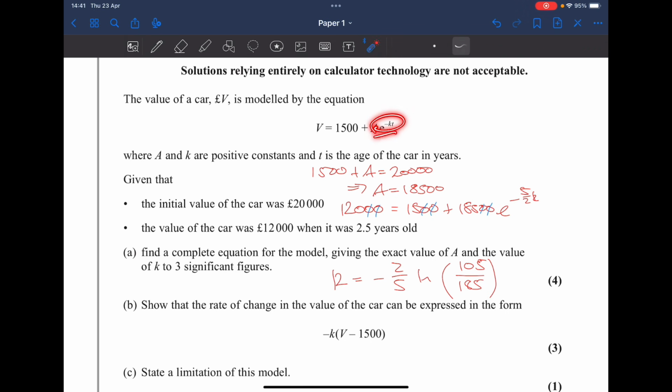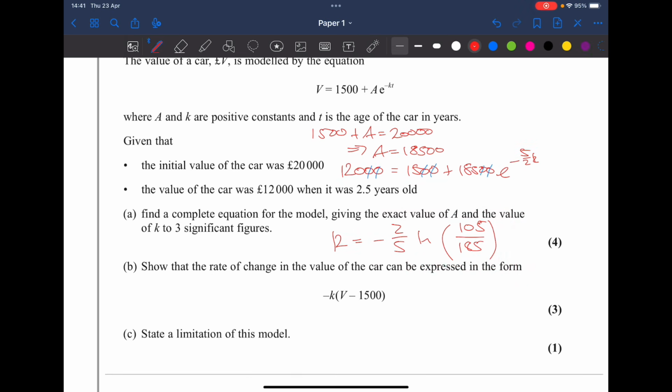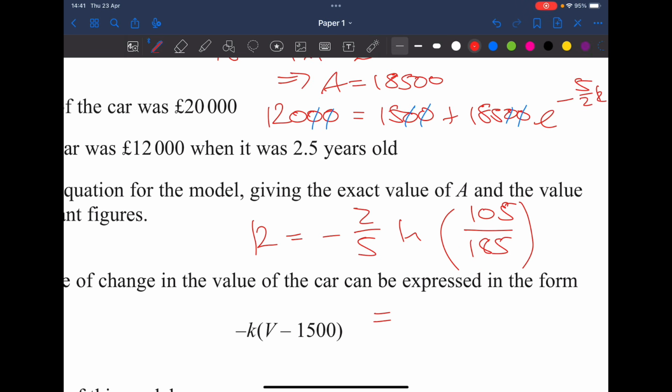Right now this looks like a negative number because of this, but the fraction in there is smaller than 1. And when you take the natural log of that, we're going to get a number that's less than 0. So this is actually a positive number. So I will just rewrite it as 2/5 of the natural log of 185 over 105.